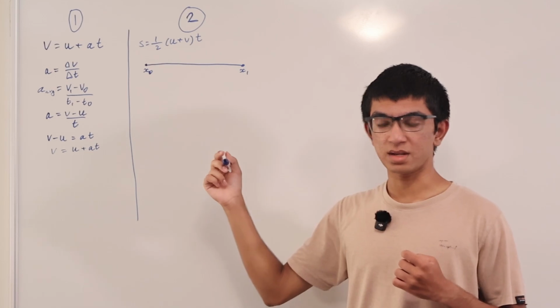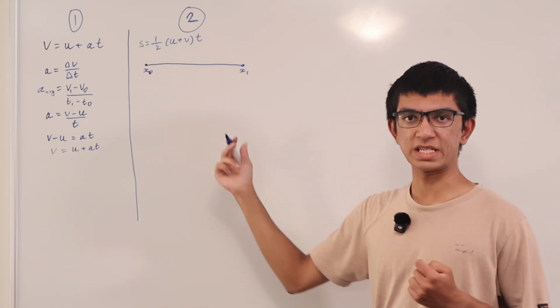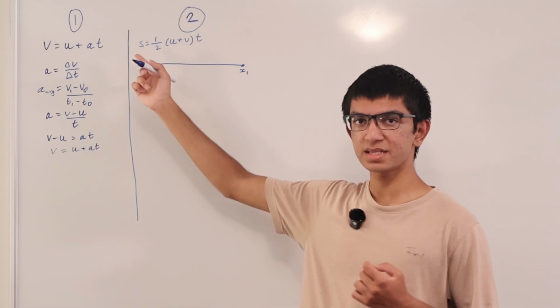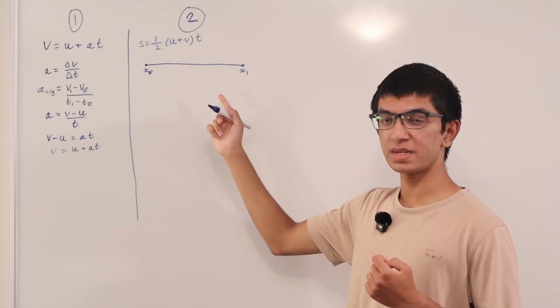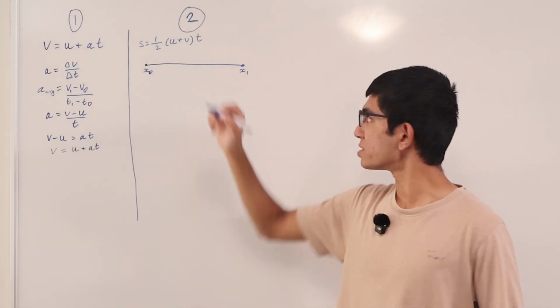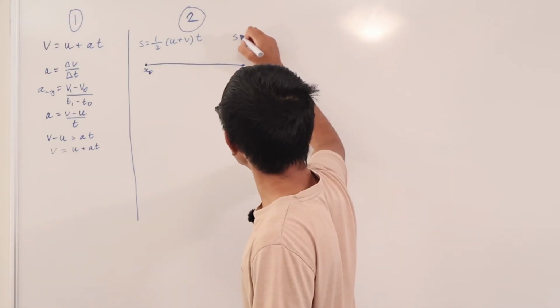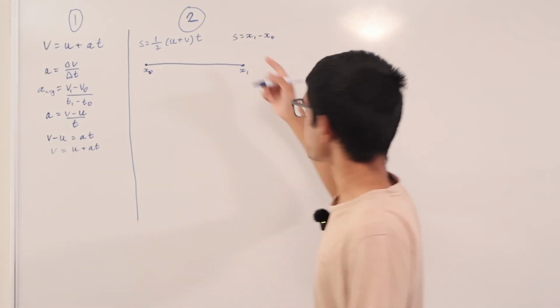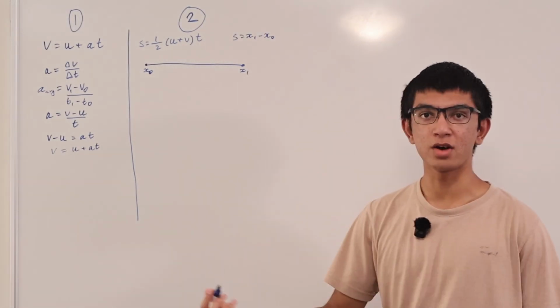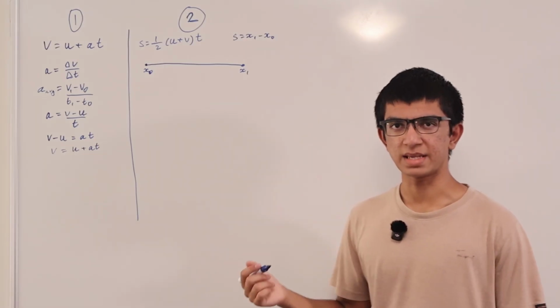These are other variables for displacement, x and s would be my final displacement minus my initial. So write it up here, s is equal to x1 minus x0, how much I've traveled, or how far I've traveled. Let's get back to the example.